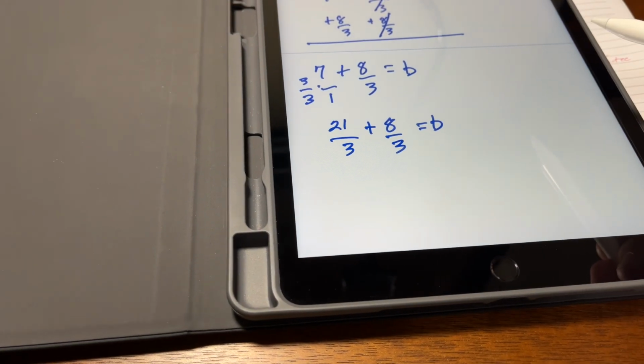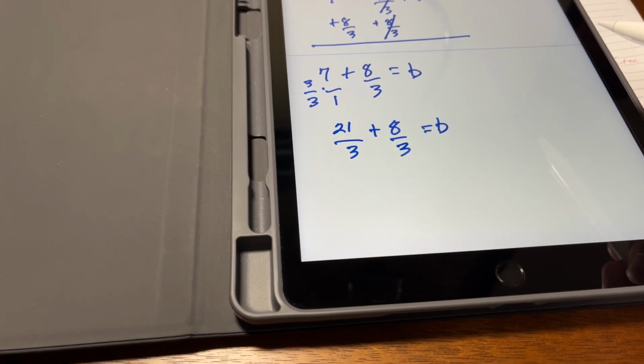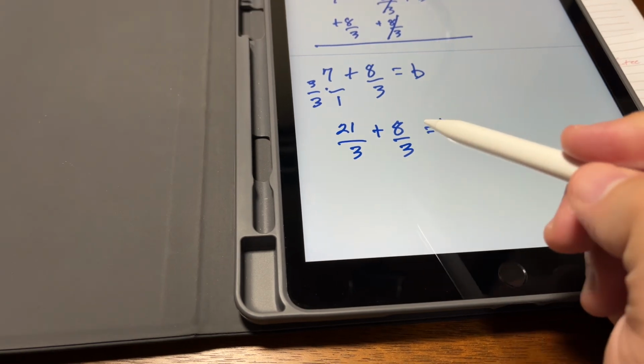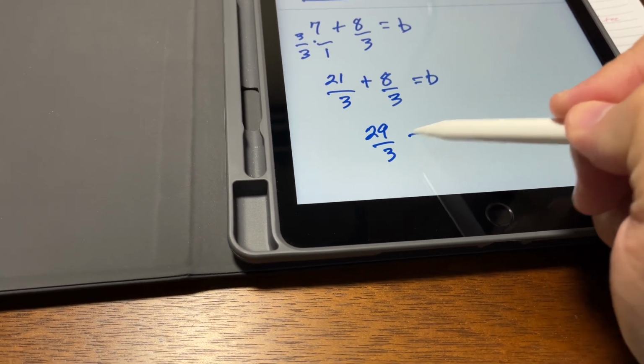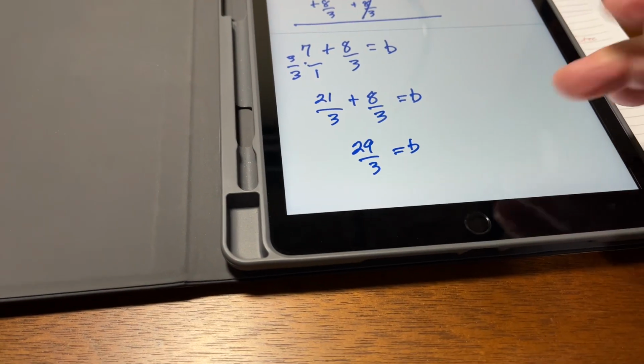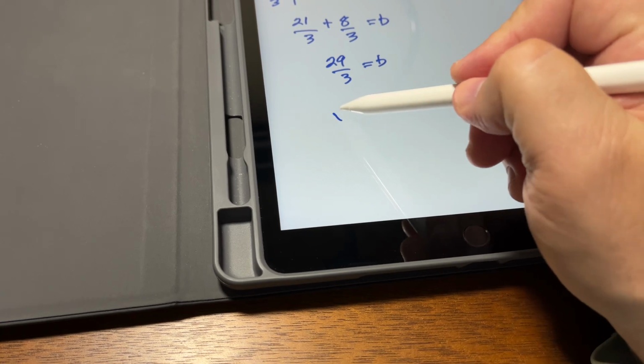So it looks like that. So 21/3 plus 8/3. 21 and 8 is 29. So 29/3.